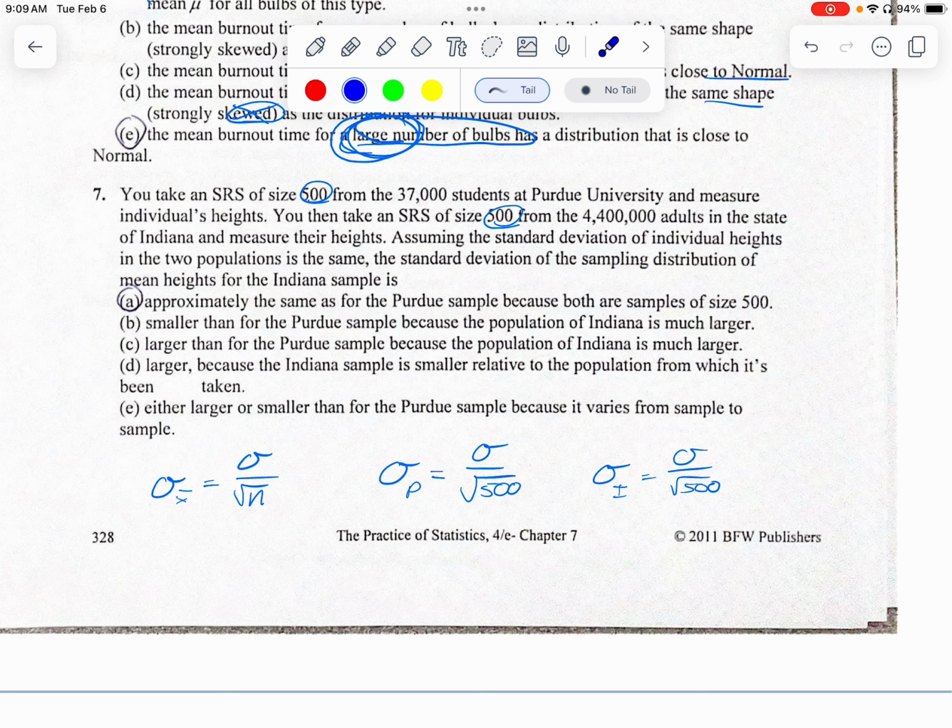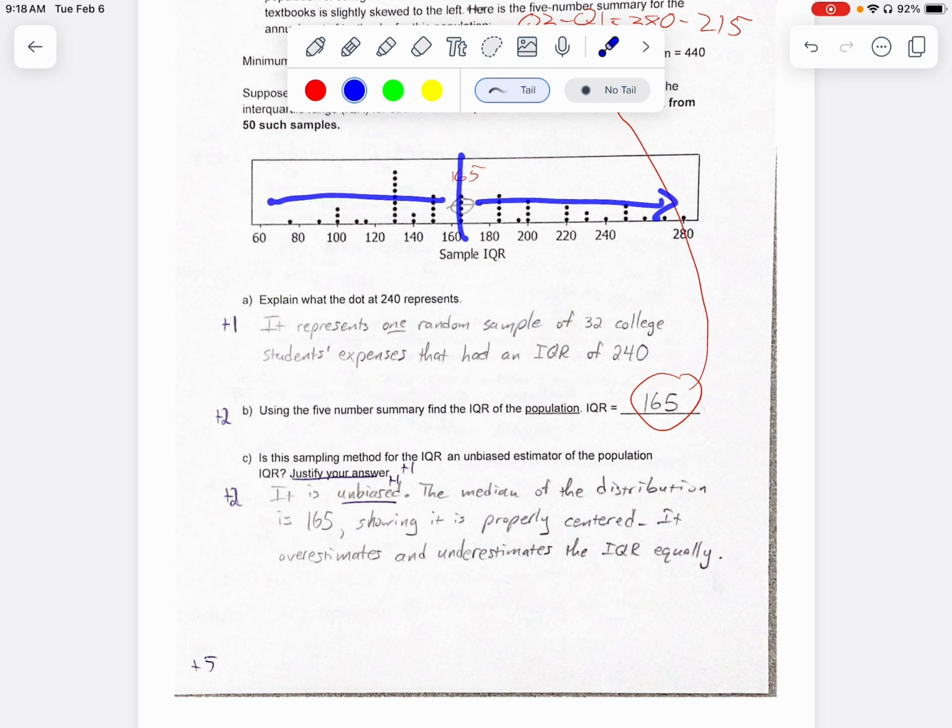If I count in 50 dots this way and 50 dots this way, I get right here, which, look at that, is at 165. So even though there's maybe more dots on this side, that's okay. It's centered where it should be. It is overestimating these 25 dots. It's underestimating these 25 dots. It is doing over and underestimates equally. So it is properly centered, so it is unbiased.